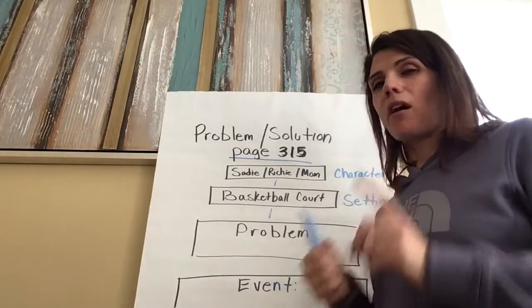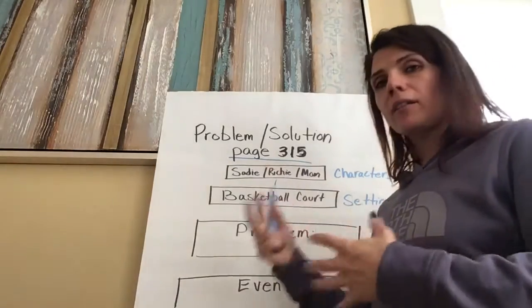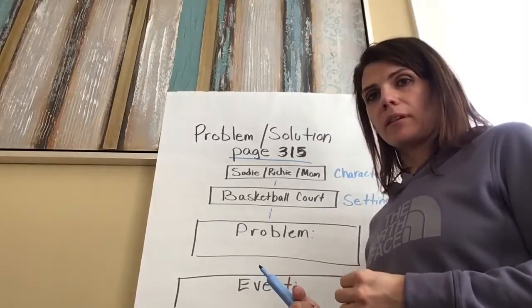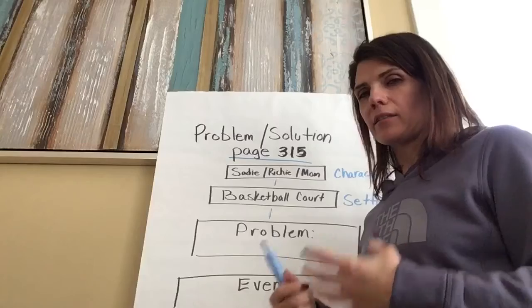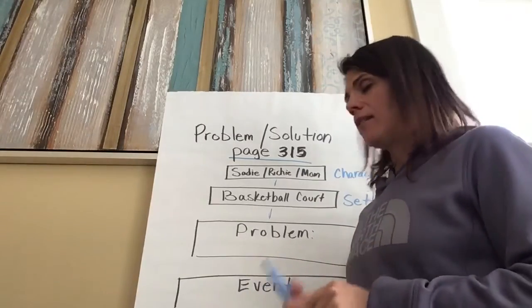And that's what we're going to talk about a lot today. And knowing all of these pieces is very important, okay? And being able to tell them in order is going to lead you to that solution. It's a pivotal moment when that solution happens, okay?